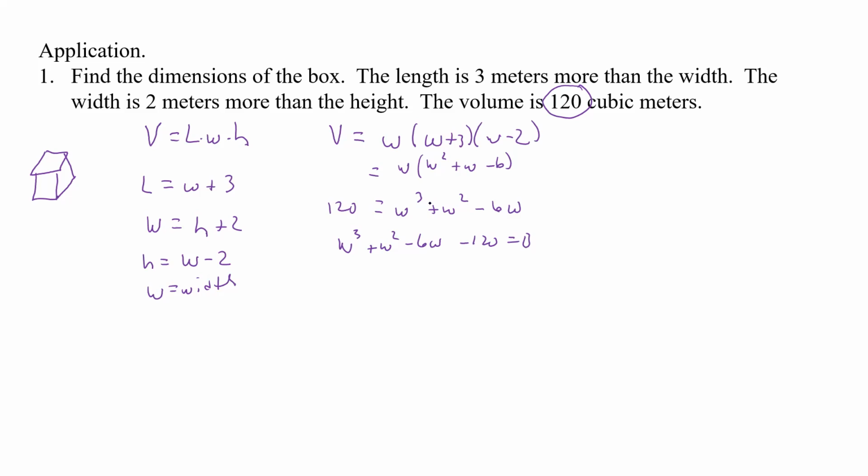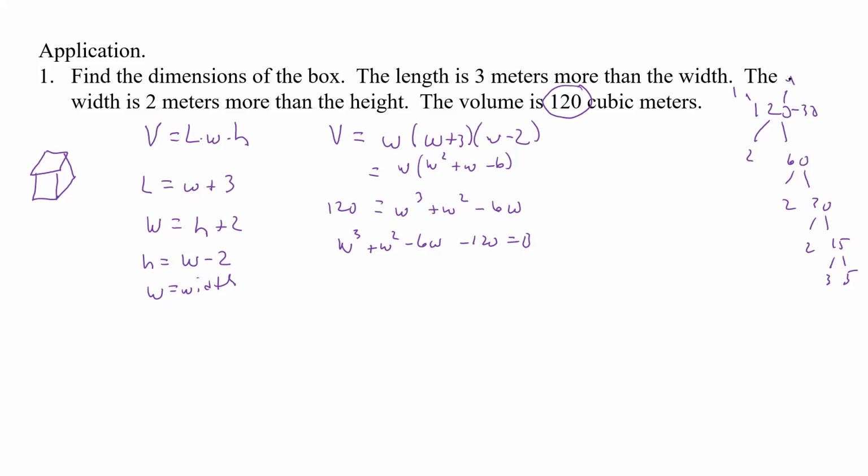Now, this one doesn't seem to be very nice because 120, I think, is going to have a lot of factors. So 120, of course, is going to have a 1. And then let's just start going down: 2 and 60, 2 and 30, 2 and 15, and 3 and 5. Those are the basic ones. Then we can have factors of each of these. 2 times 2, we can have a 4 and the 30.